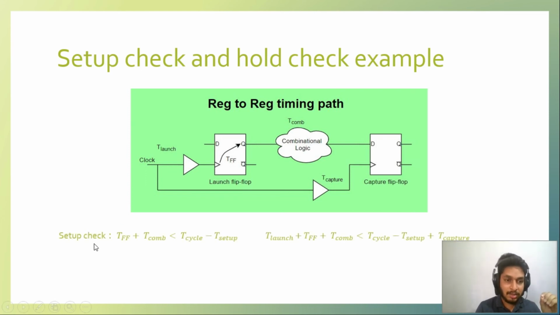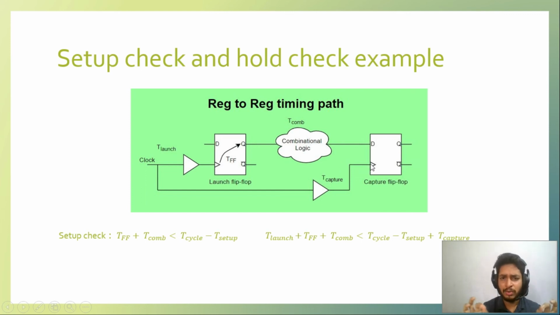If you see this, the setup check ensures that, assuming the clock arrives to this flip-flop's clock pin and this capture flip-flop's clock pin at the same time. Imagine the clock is arriving here and here at the same time.